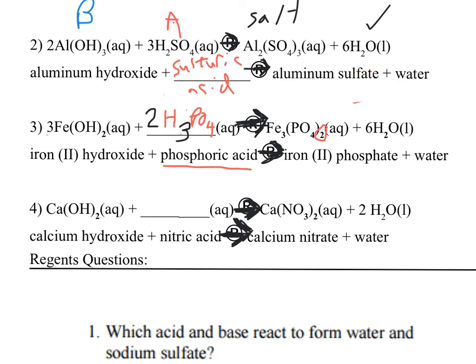If I just run through checking, all of my irons would be balanced, all of my oxygens, all of my hydrogens would be balanced on both sides, and all of my P's and O's. Everything is balanced on both sides. I have the same number on the left and the right. And again, that really just requires you to check.